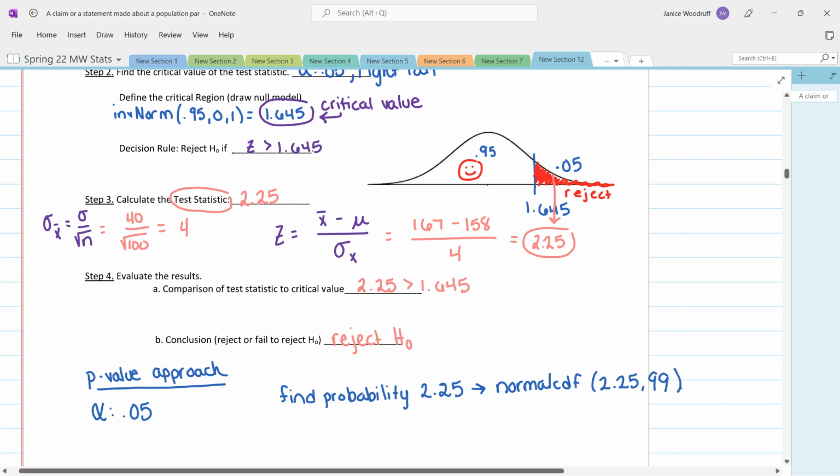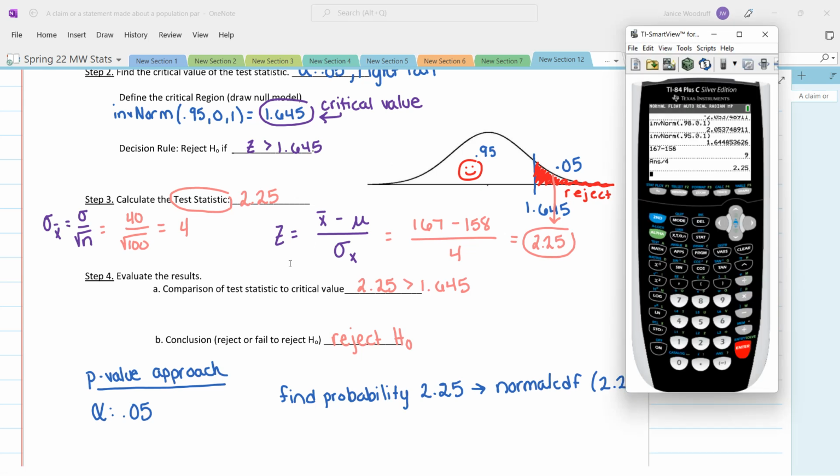If it's on the left side of 0, you would use negative 99. This would give us a probability value of 0.0122.